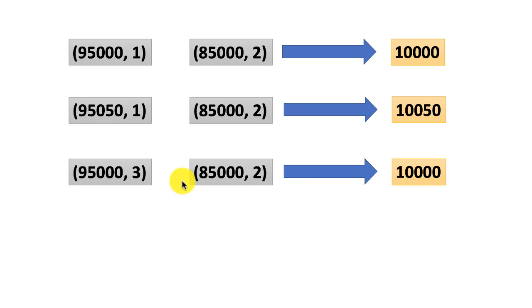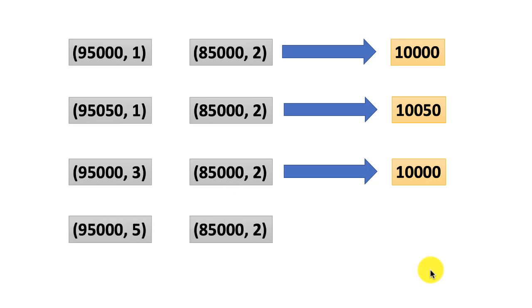It's still 10,000 because the difference in cars doesn't play a role, whereas the income is playing a role. In fact, if you increase the number of cars not to 3 but to 5, which is a huge jump from 1 to 5, the distance doesn't even budge. It is still 10,000, right?